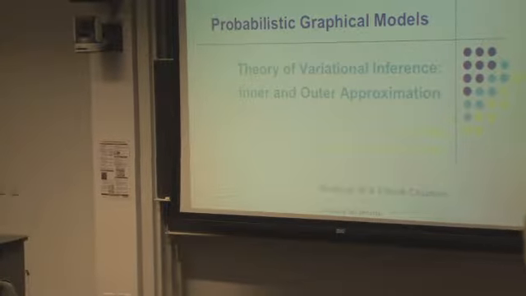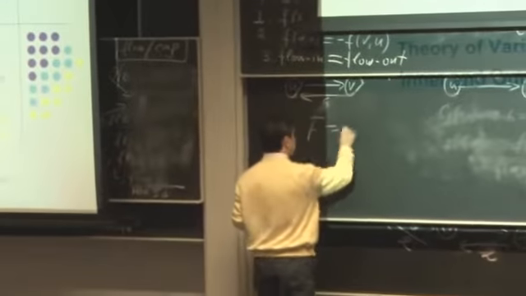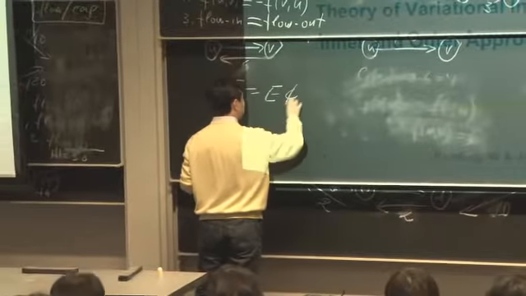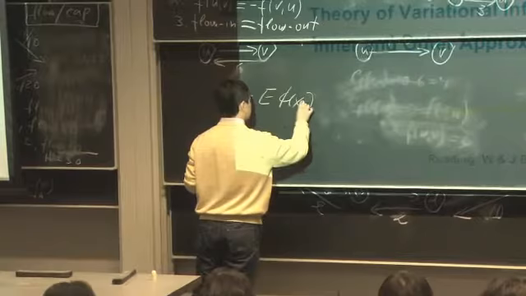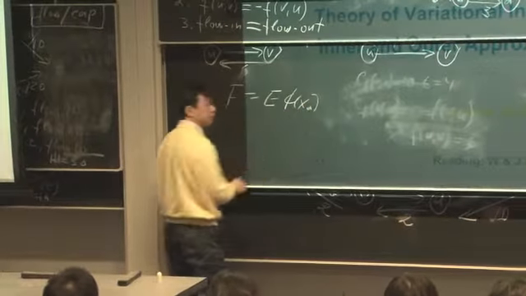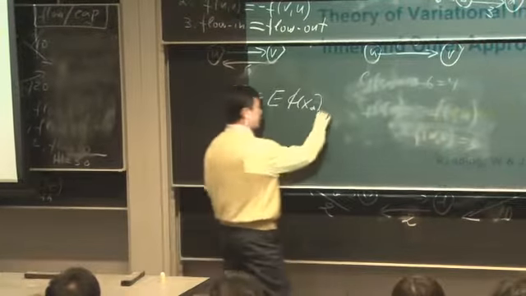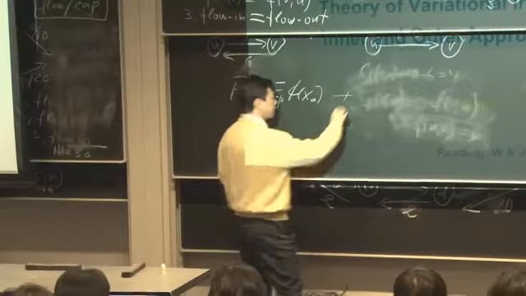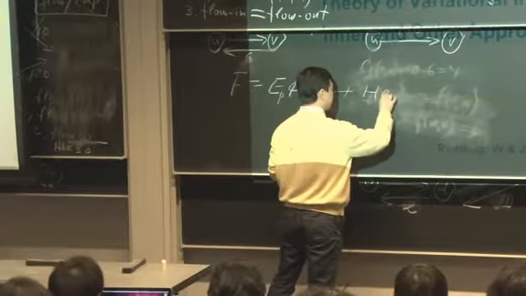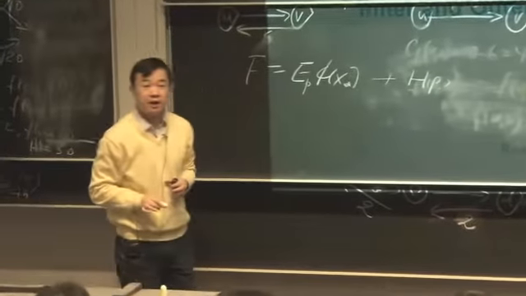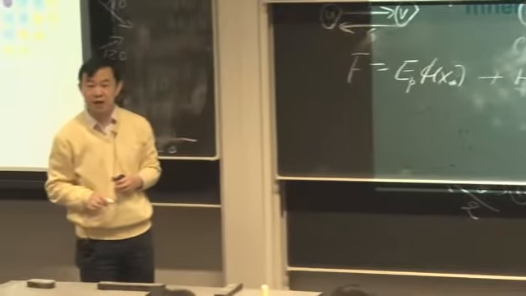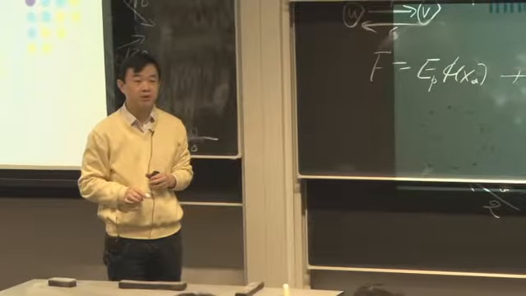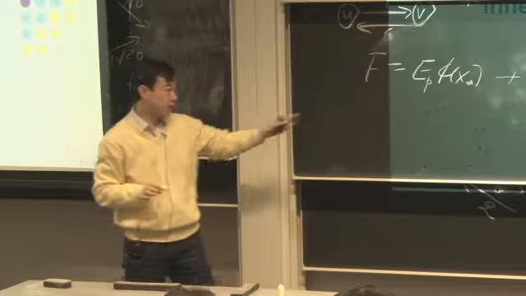So this free energy has a term which is the expectation of all the potentials, and also of course, this is P, and here there is the entropy of the distribution, right?